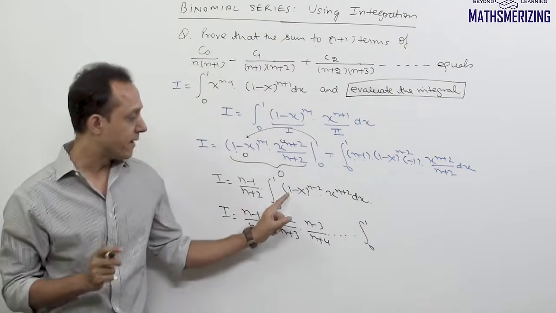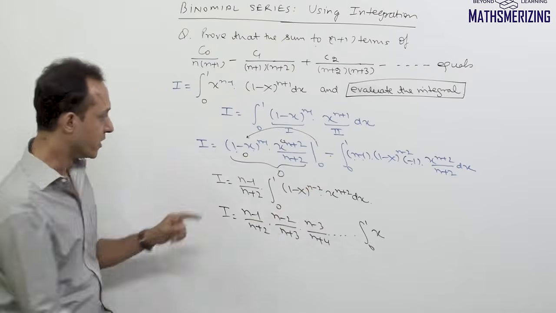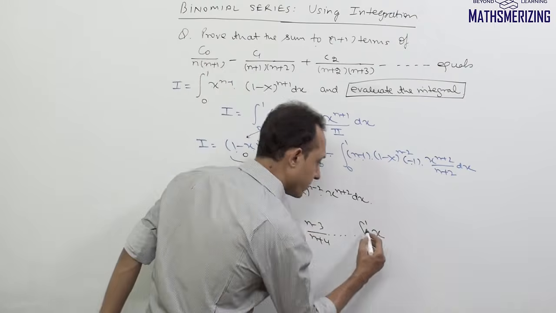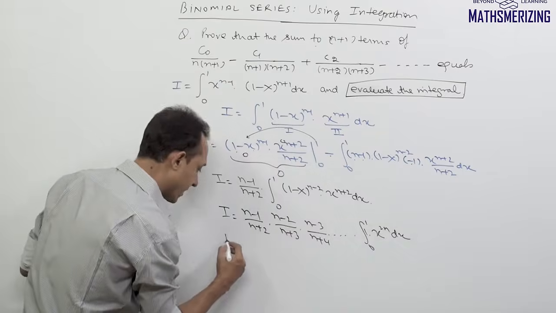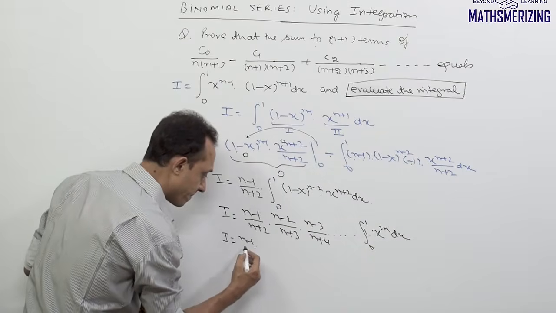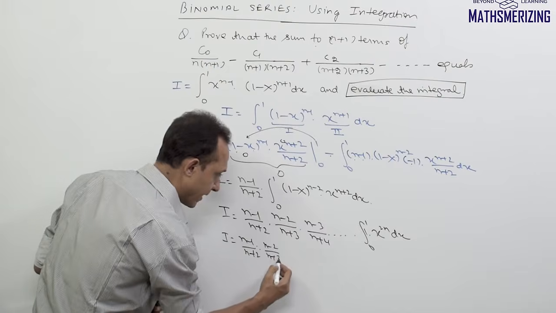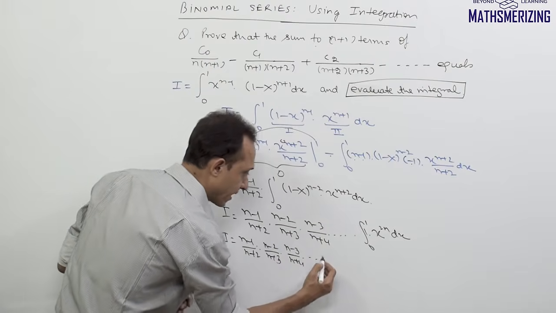So there'll be a time when this 1 minus x to the power n plus 2, the power will be 0, so it'll be 1. Now this power will be 0 when it is n minus n. So in that case, it'll be n plus n. So then it'll be 1 into x to the power 2n into dx. So this series will continue, which is n minus 1 over n plus 2, n minus 2 over n plus 3, n minus 3 over n plus 4, and will continue up to.